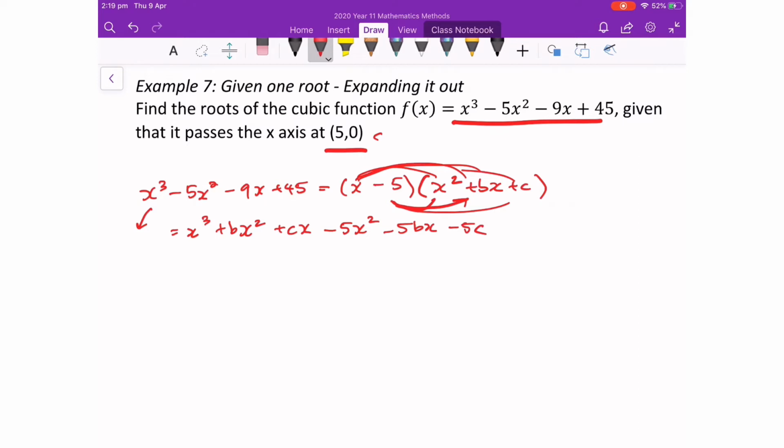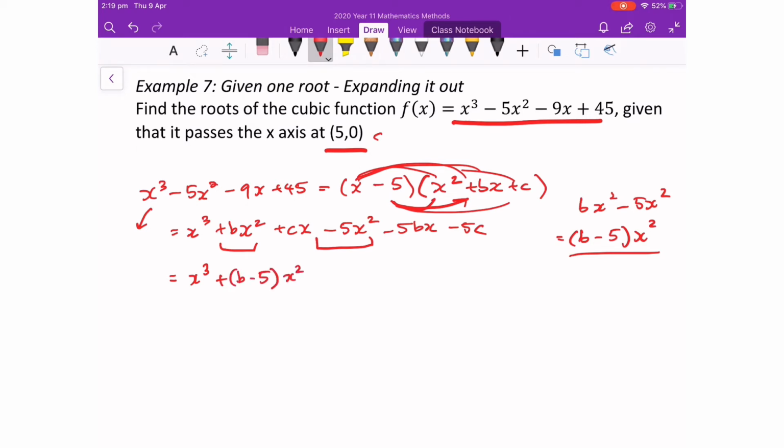Okay, I'm going to collate like terms together. Probably haven't done like terms in a little while. But we're going to put our x cubed terms together where we only have one. I've got two x squared terms here, right? So I've got bx squared take 5x squared. Now I can factorize that to equal (b take 5)x squared. So I'm going to write plus (b take 5)x squared.